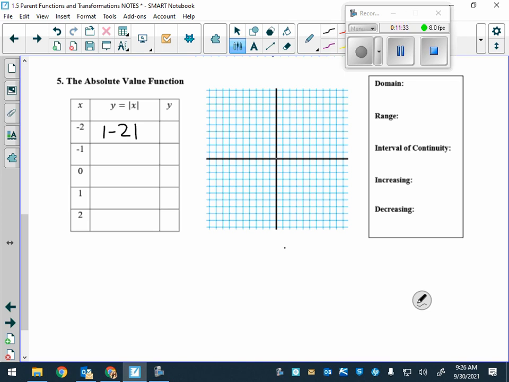Absolute value of -2, -1, 0, 1, 2 gives 2, 1, 0, 1, 2. No matter what, if there's a negative inside the absolute value, after you evaluate it ends up positive. If there's a positive, it remains positive.